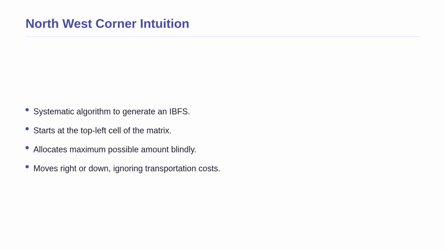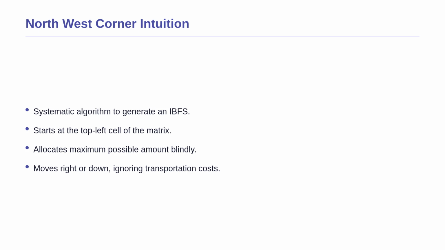Now that we know we need a starting plan, how do we build one quickly? The Northwest Corner Rule is a systematic algorithm designed exactly for this. It gets its name because it strictly begins allocating resources at the top left cell of your transportation grid, which corresponds to the geographic northwest direction.